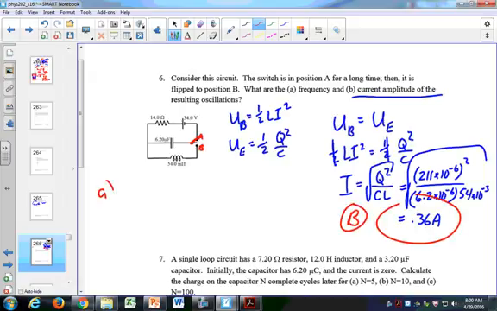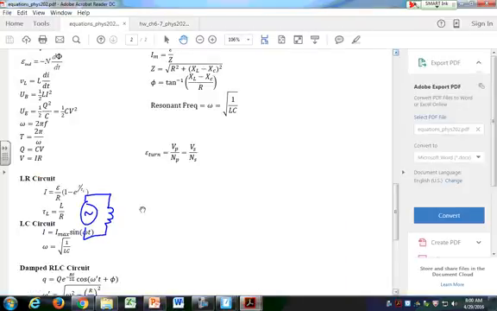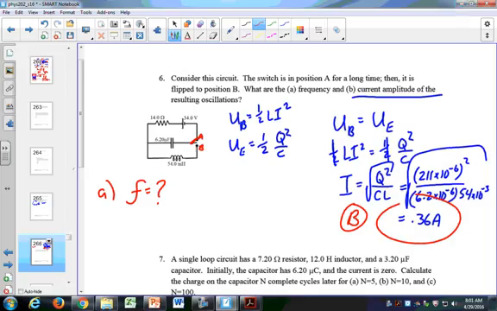For part A, you want to know the frequency. Well, you want to know what f is. At what frequency does it oscillate back and forth? So you go to your equation sheet. Looking at LC circuits, which is what I'm dealing with, that's my omega, my angular frequency. So I'd say omega is equal to the square root of 1 over LC.